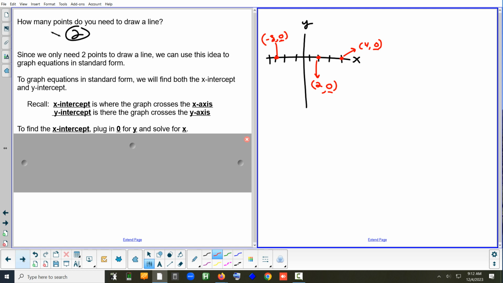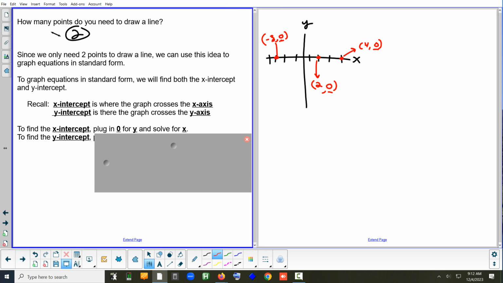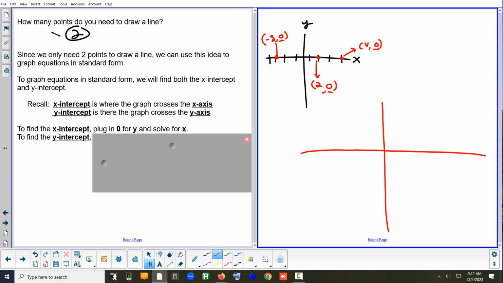Now, what's the other intercept we have to find besides the x-intercept? Right, you have to find the y-intercept. Okay, let's think a little bit about y-intercepts. That's a y-intercept because it's on the y-axis. What's the coordinate of that point? 0, 1.